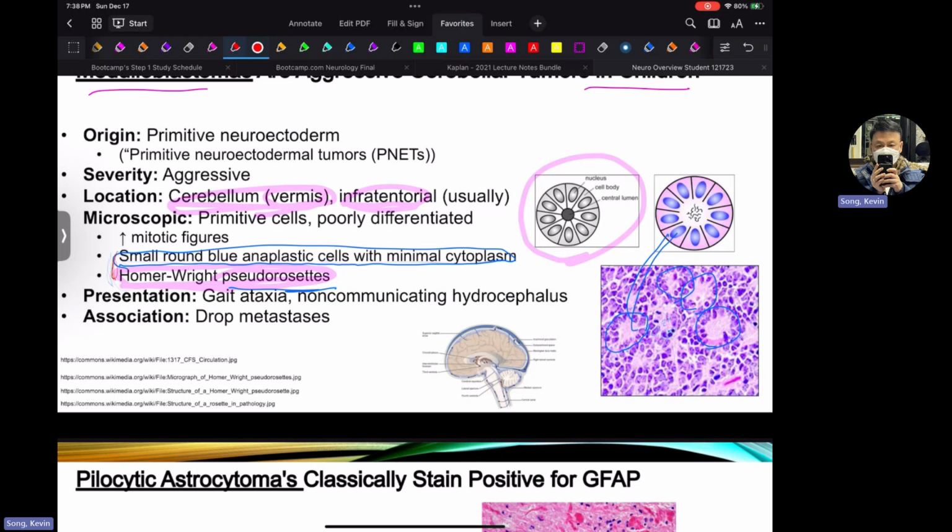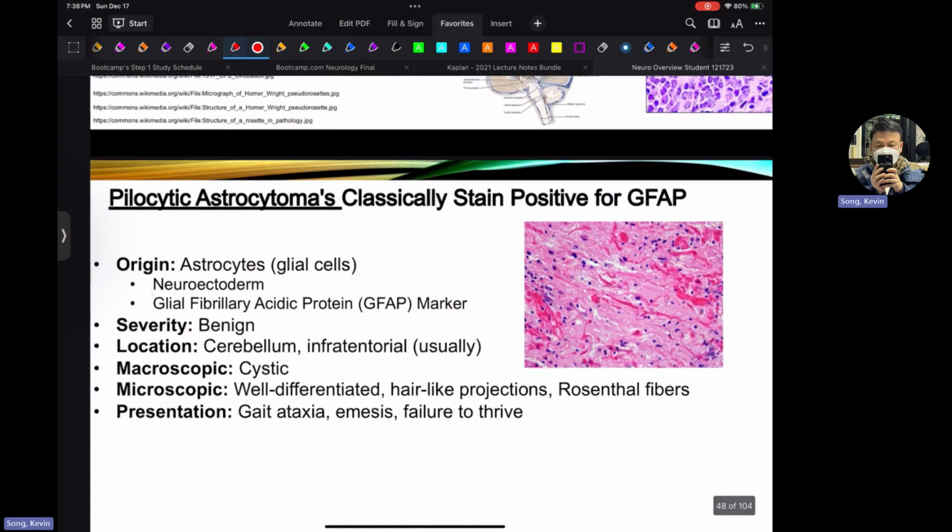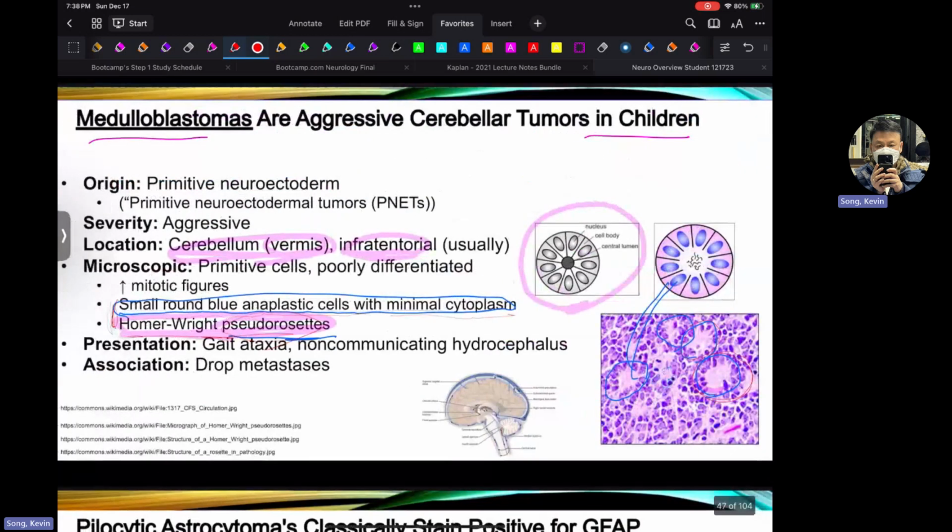But that's what the description of the histological pictures is. So you have to be familiar with these terms, like Homer Wright pseudorosette, which is small round blue anaplastic cells with minimal cytoplasm, forming a kind of rosette like this. Okay, so that's the things you need to know. And this is for kids. And medulloblastoma is normally infratentorial, so it's in the cerebellum.